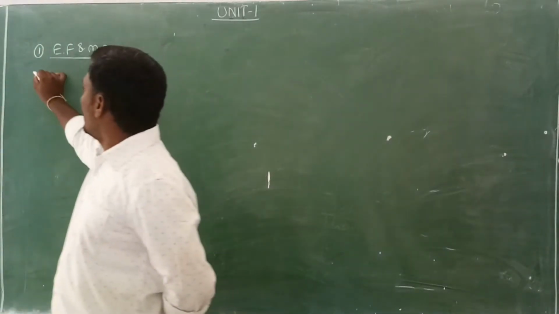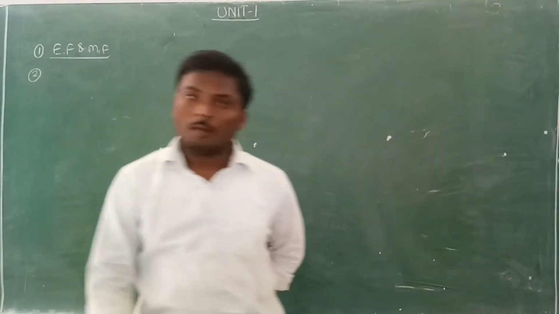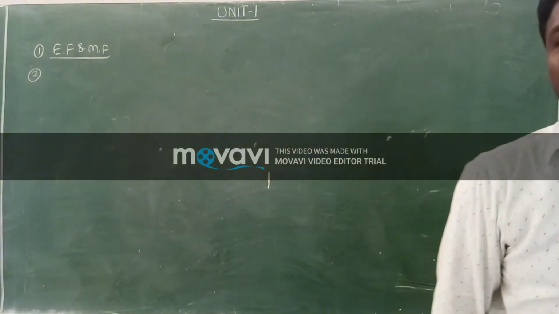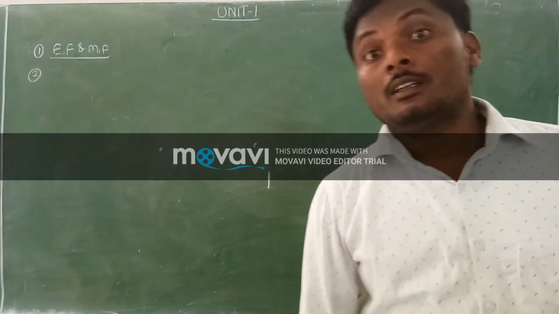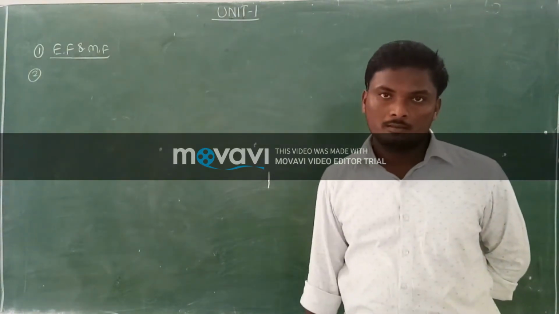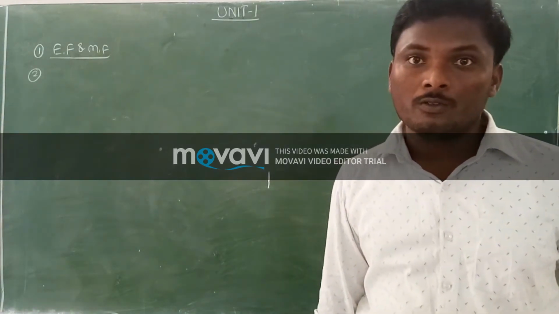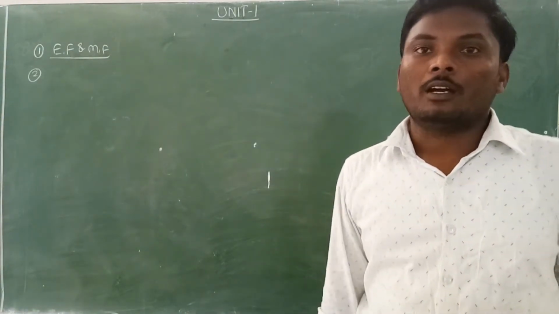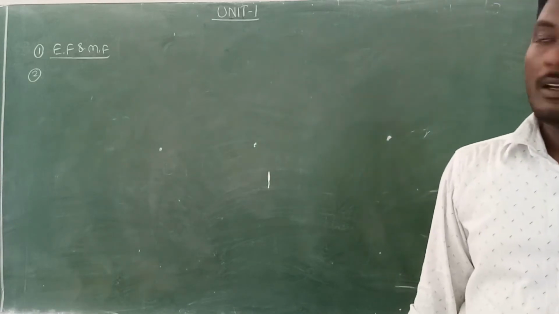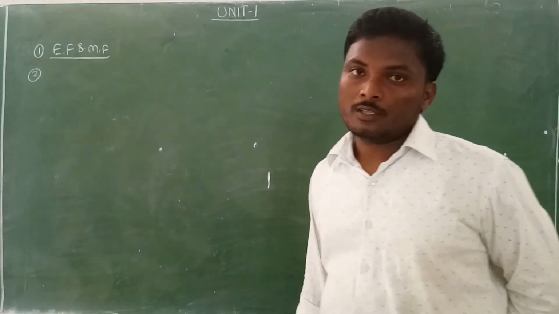The second objective is the applications of electric and magnetic fields in the theory of power transmission. In power transmission lines, the electric and magnetic field concept plays a very important role. These are the two objectives of this course.